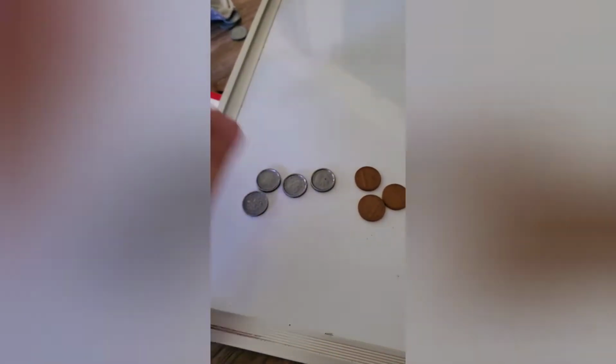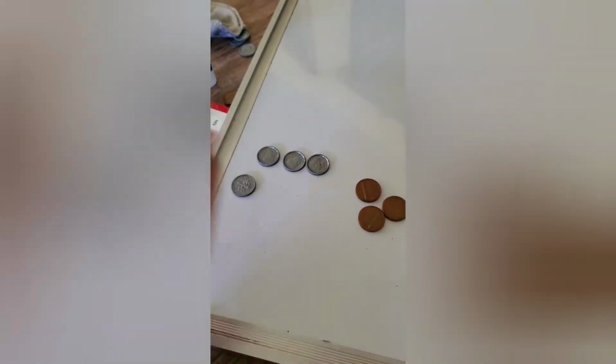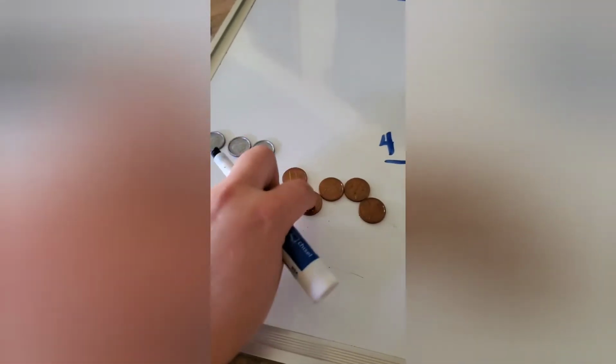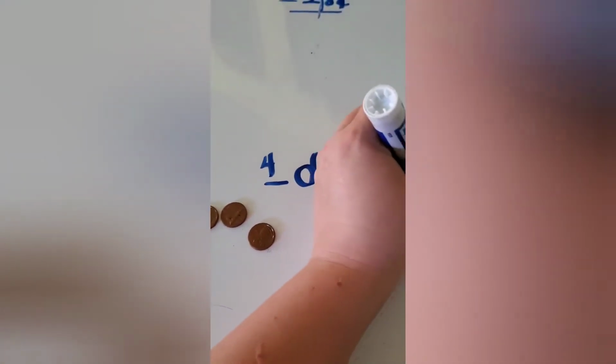See, I have how many dimes? Right, I have 4. Now, how many pennies? 1, 2, 3, 4, 5. 5 pennies. Okay? So, we need to regroup, like I said.